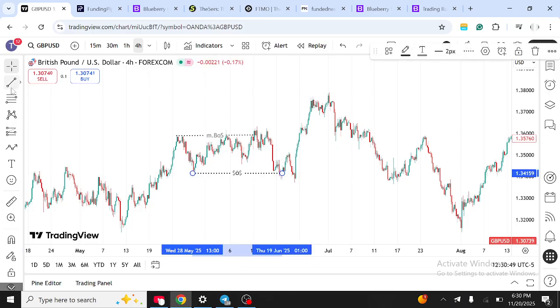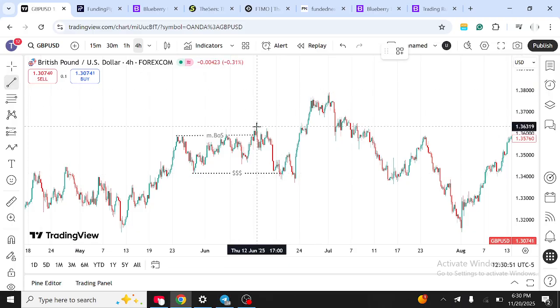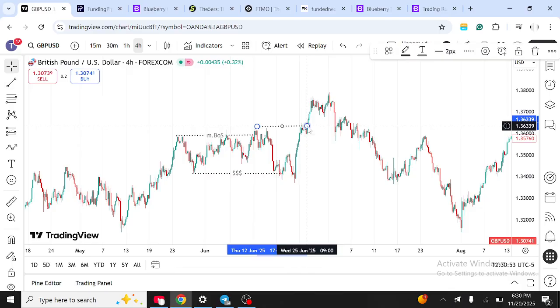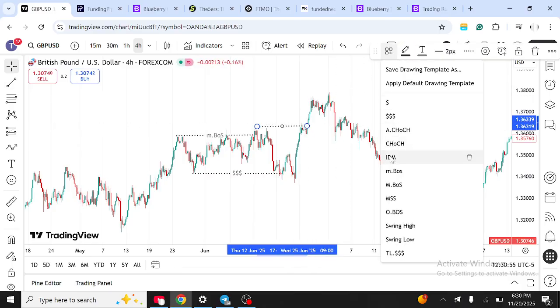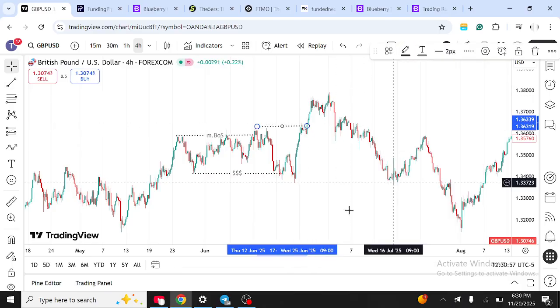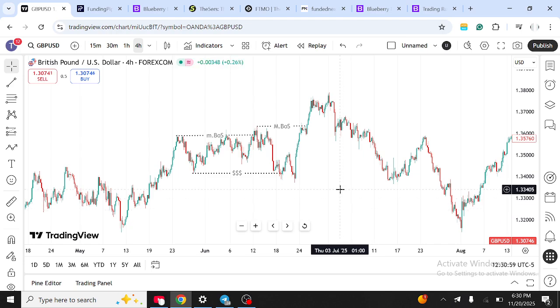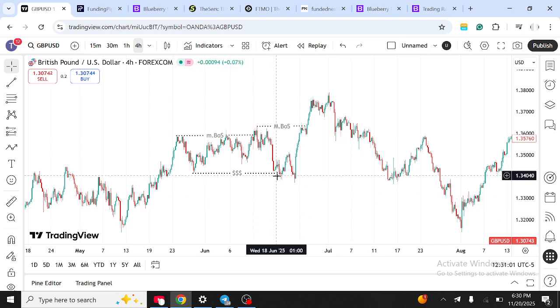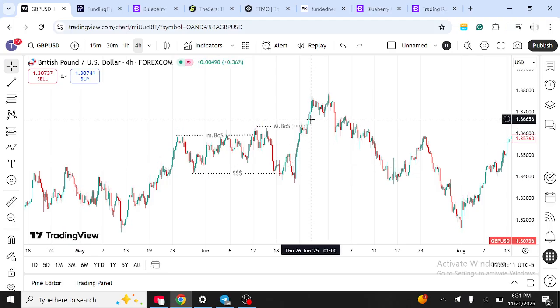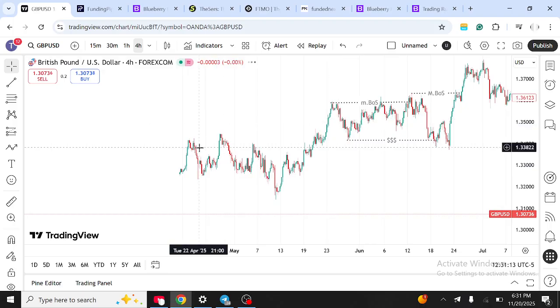And then here is going to be the major break of structure. I have a strategy that helps me to enter the market from this region here, so I can ride the market from here up to this level where this high is taken out. Okay, so see more examples here.